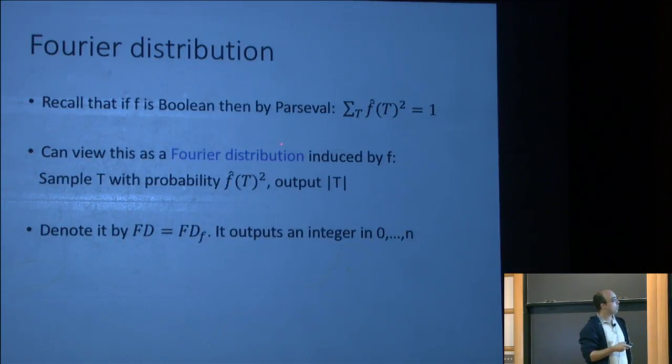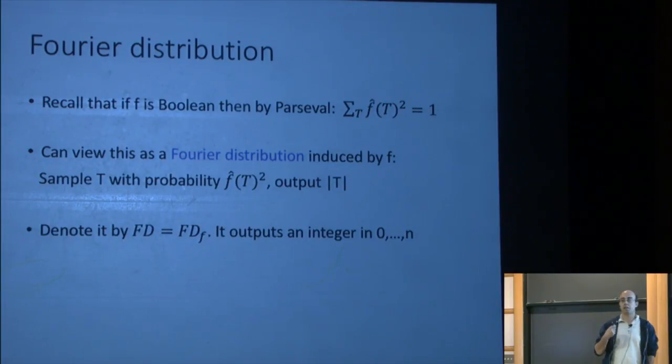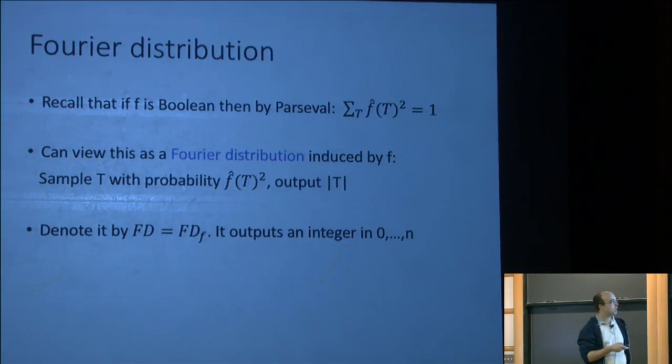Let me show you how we can view this. Again, this was suggested in the GSTW paper. We can view this as a distribution over the Fourier coefficients. This is a very common thing to do, because the sum of the squared Fourier coefficients is 1 for a Boolean function. So every Boolean function induces a distribution over sets T of numbers 1 through n, where we sample a set T with probability f hat of T squared.